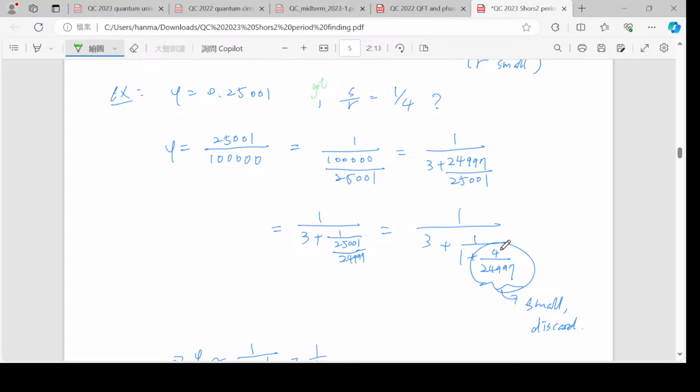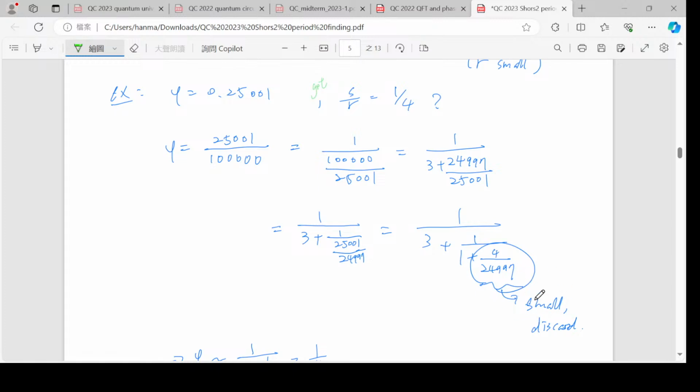It's now 4 over 24997, and here things are a little fuzzy, but the basic algorithm will have some cutoff depending on how big this is or how many levels around. So the algorithm will say you see something very small, then you discard and stop here.